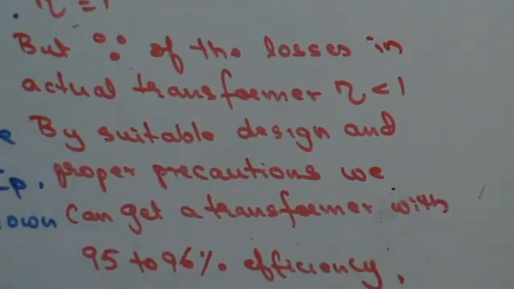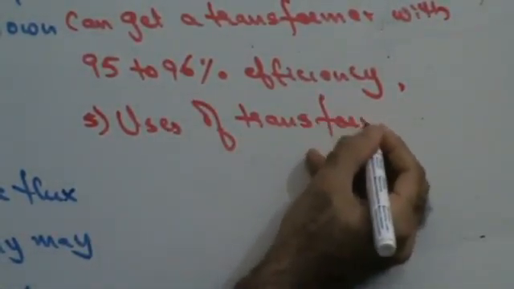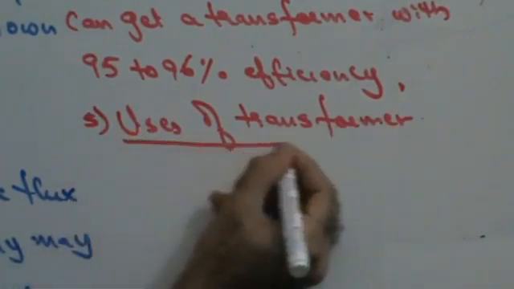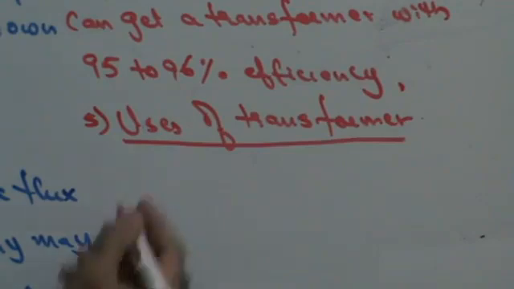Next, where do we use transformers? They are practically used everywhere. One, they are used in transmission of electrical energy over long distances.